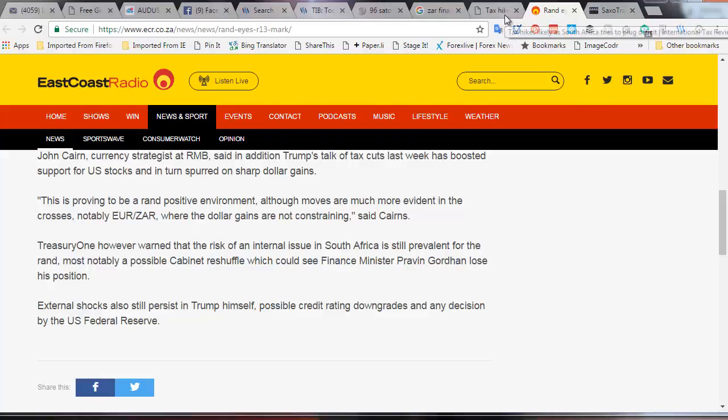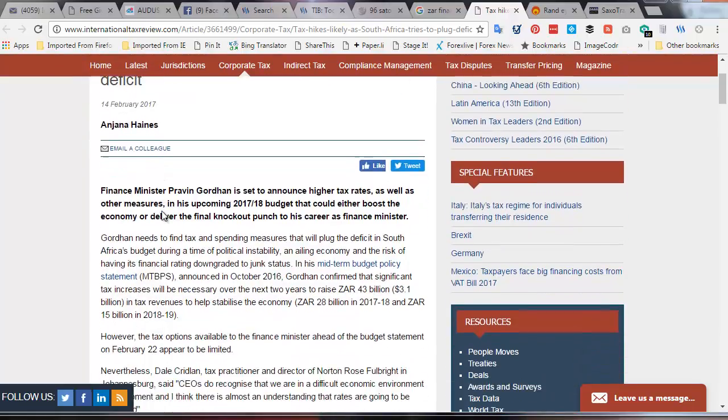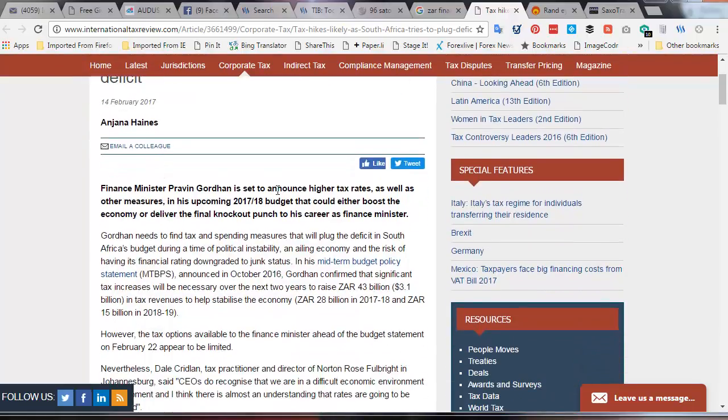So let's step across to the other article. It's in the International Tax Review. It's dated the 14th of February, so it's really current. Tax hikes likely as South Africa tries to plug the deficit. Finance Minister is set to announce higher tax rates as well as other measures in his upcoming budget.